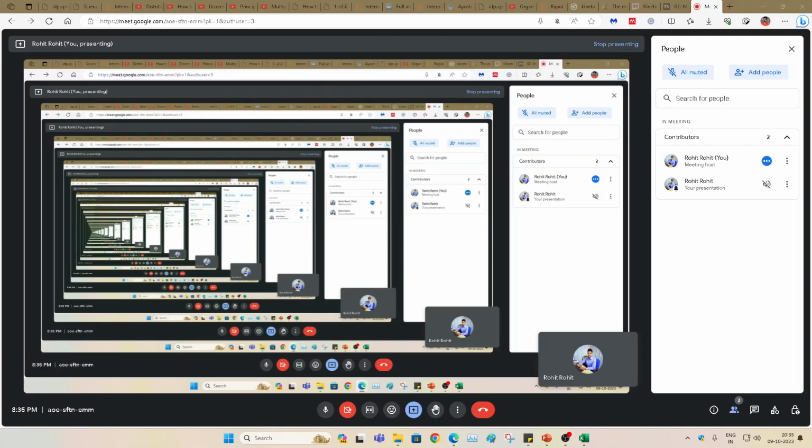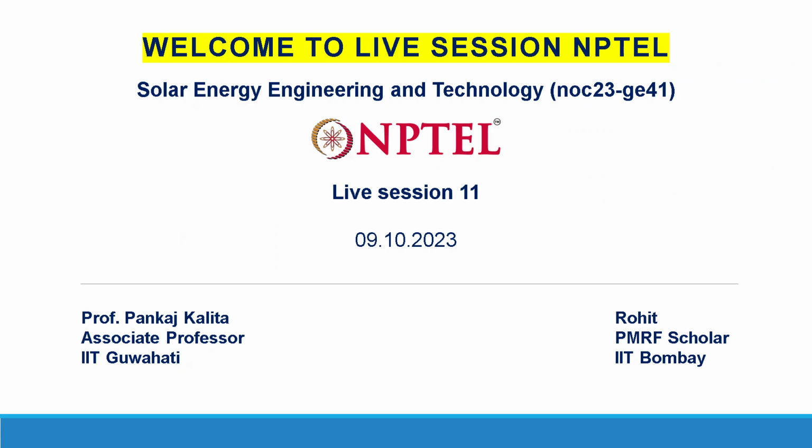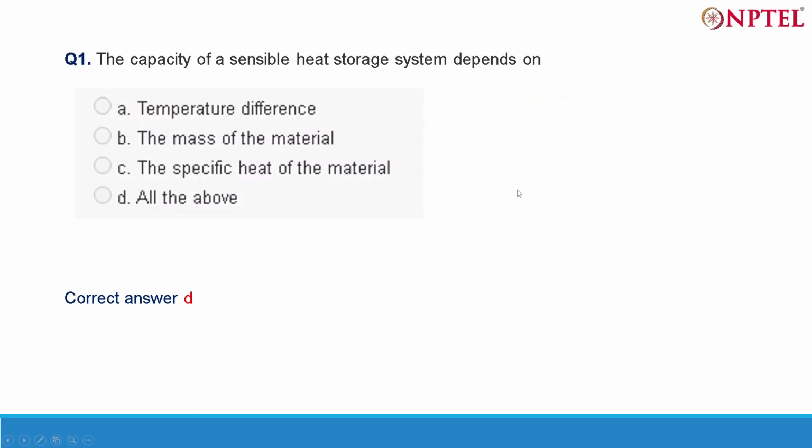Okay, let's discuss the assignment questions then. Question one is about the capacity of a sensible heat storage system and what it depends on. When you are talking about a sensible heat storage system, the first thing is the temperature term.